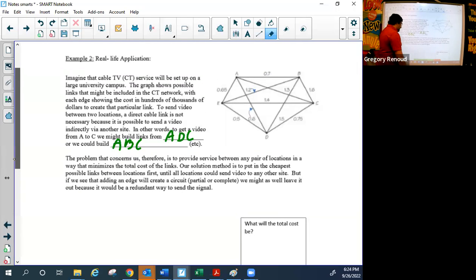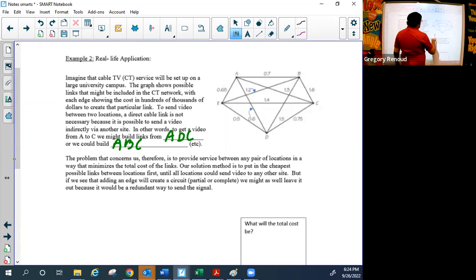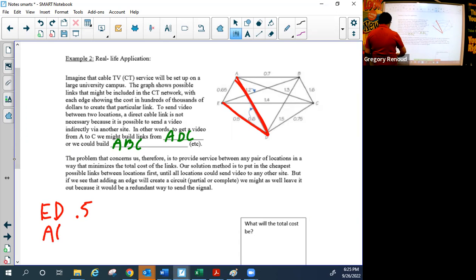So here's how this works. We're going to start by using the minimum cost edge. In this case, it's ED. Then we're going to use the second minimum cost, which is right here, AD. And that is 0.6. Then the third one is this guy here, AE, but we should notice something already. This is a circuit. We sectioned off this whole thing. We don't want circuits.